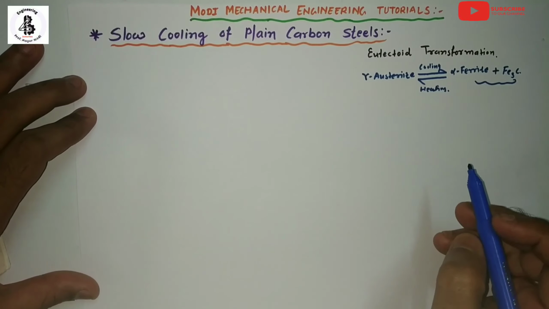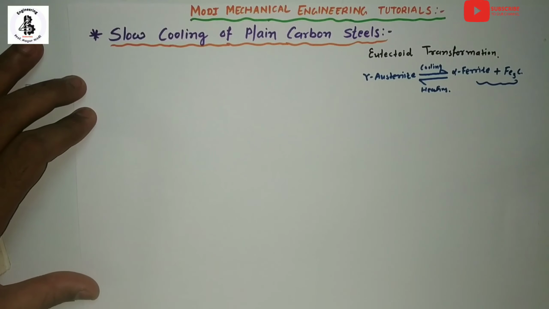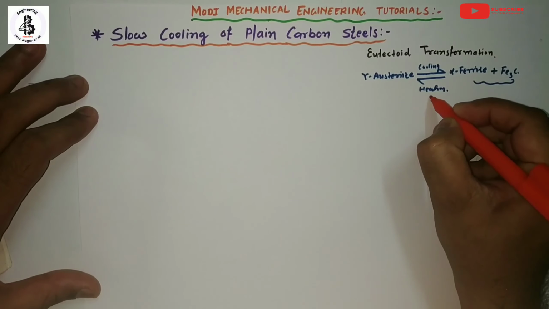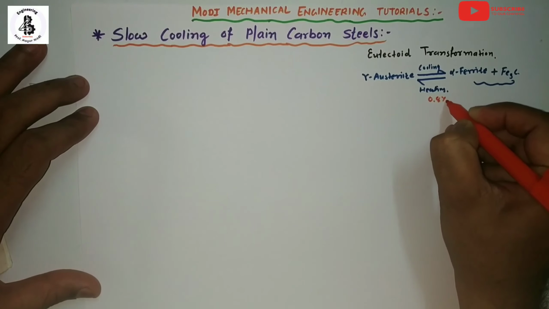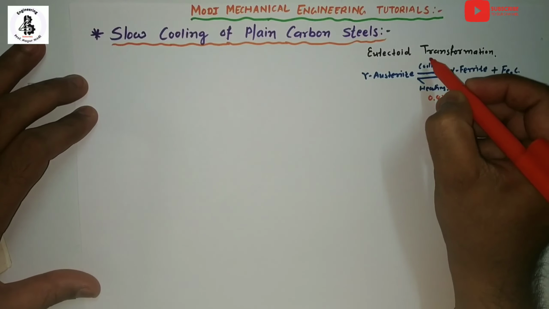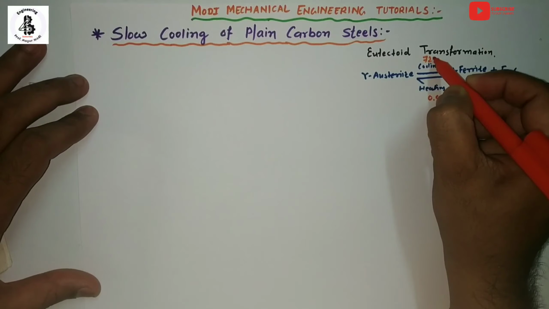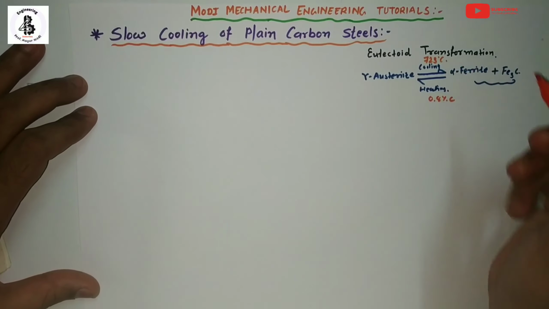As per the iron carbon diagram, such a transformation from one solid to another solid occurs at 0.8% of carbon and around 723 degrees centigrade.